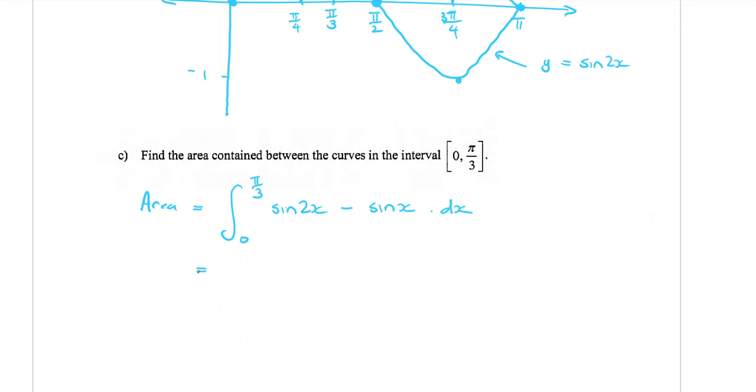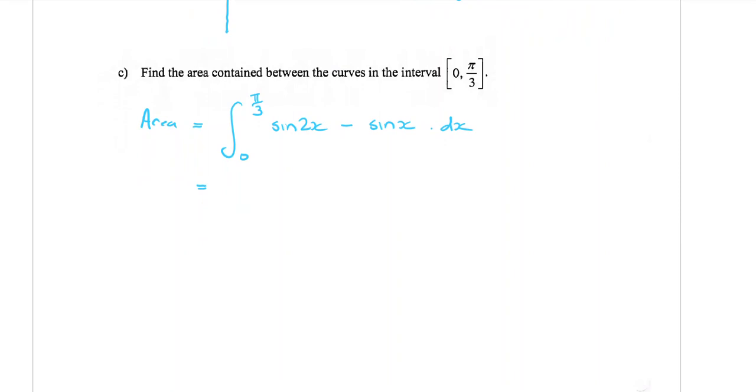Integrating each of those, I'm going to use my little shortcut for sine 2x. Integrating sine goes to cos, but is it positive or negative? Negative. So it's going to be negative cos 2x over 2, putting the derivative of my function on the bottom. The second one has a negative sign at the moment, so when I integrate sine to be a negative cos, that will become a plus cos of x, between 0 and pi over 3.